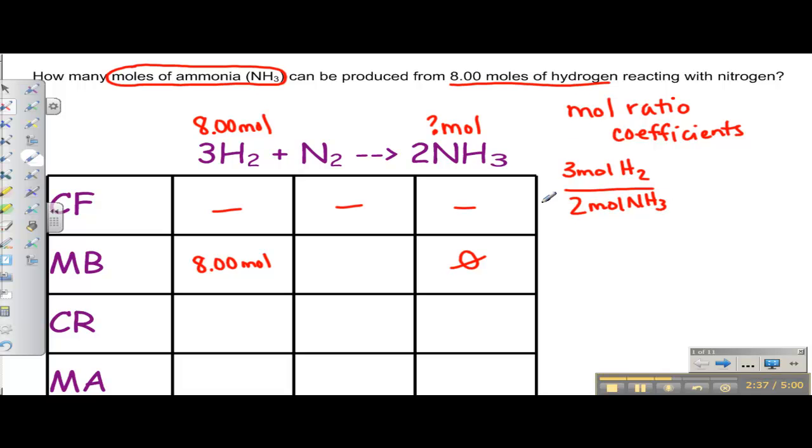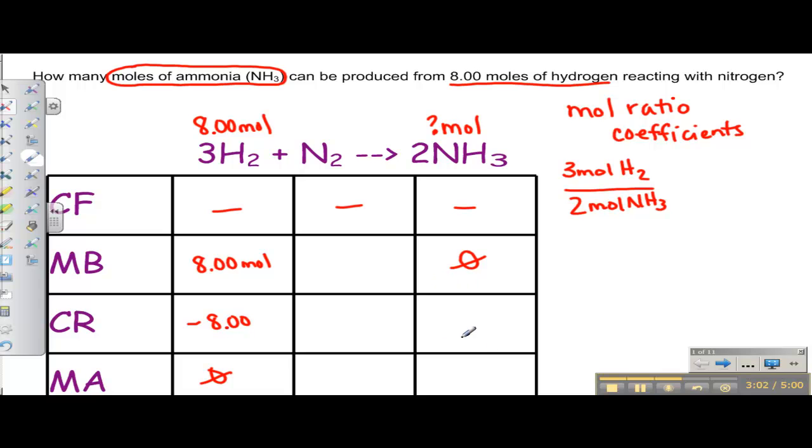So my 3 and my 2 come from this 3 and this 2. So for my hydrogen, remember that your reactants are going to be used up. So I'm actually going to lose all 8 of my moles, and that's going to give me 0 moles of hydrogen at the end, which is what I'm aiming for.